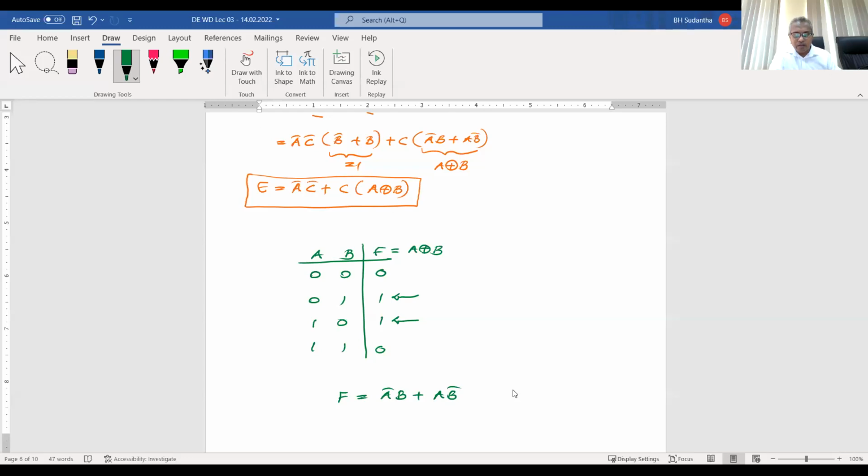Forget about this A exclusive OR B. Considering this as a normal truth table, we can write the output equation for this F. We have to consider these two ones, 1 and 1. Then this is A bar B plus A B bar. But you know that this is equal to A exclusive OR B. Whenever you see A bar B plus A B bar, you can write A exclusive OR B.